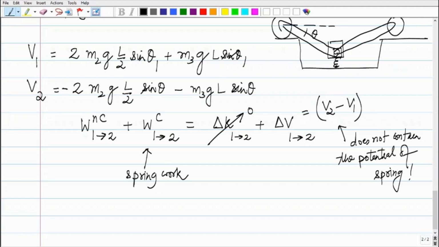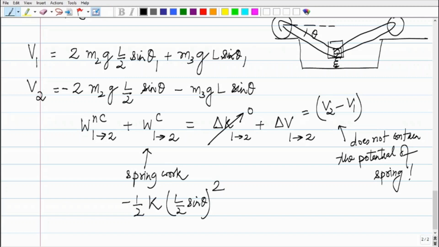And you see the force exerted by the spring on the collar is always upward, but the collar is going downward. So work done by the spring is negative, isn't it? And that's nothing but minus half into spring constant K into compression of the spring whole square, and the compression of the spring is L by 2 sine theta whole square.